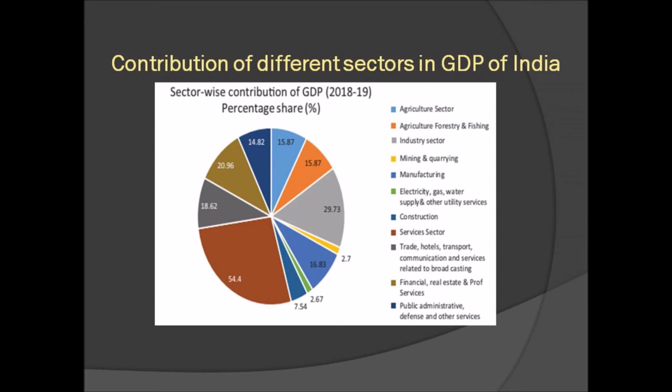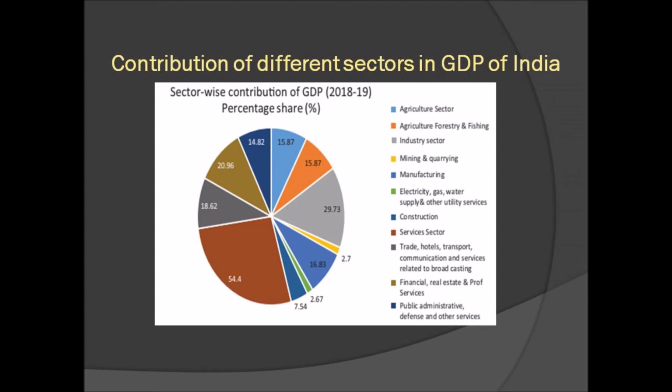According to the sector-wise contribution of GDP in the year 2018-19, the service sector is said to be the largest sector of India. As you can see in this pie chart, it shows the sector-wise contribution of GDP of India in 2018-19.